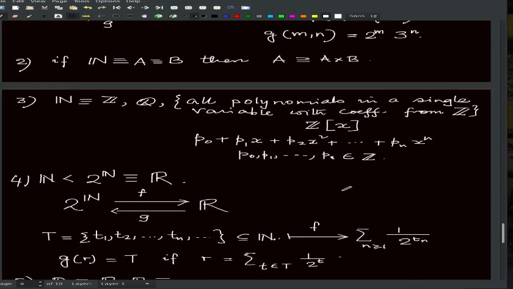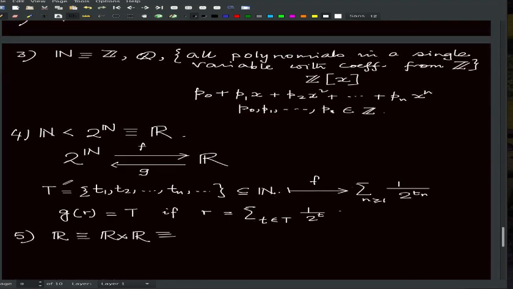Here you have to use something more around these things. C, the complex numbers, same as R.